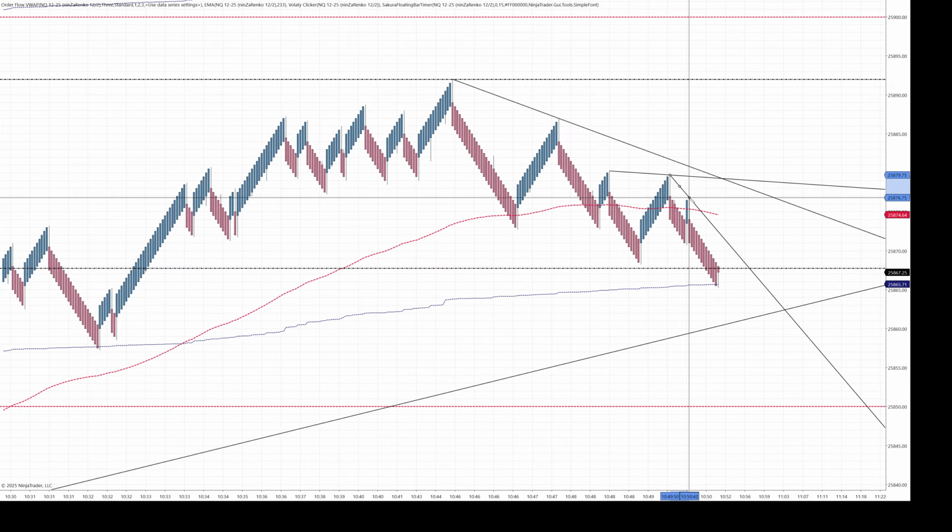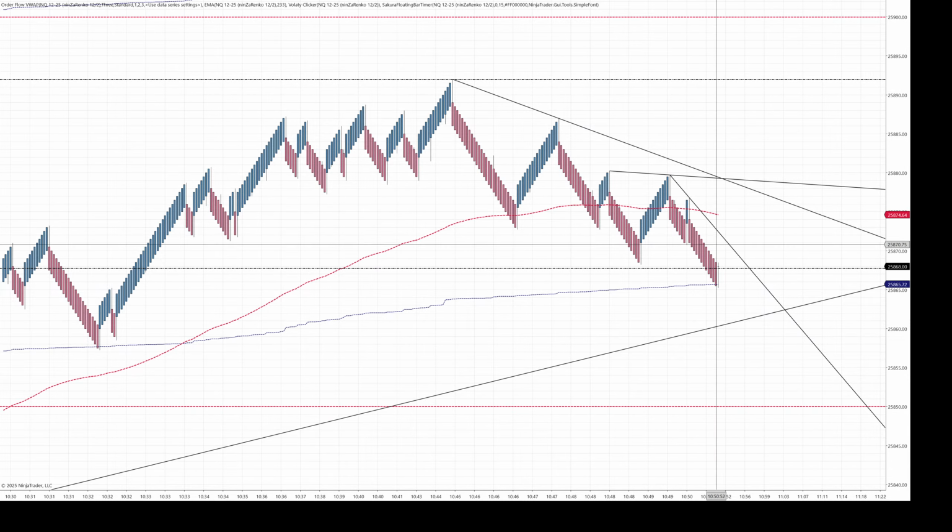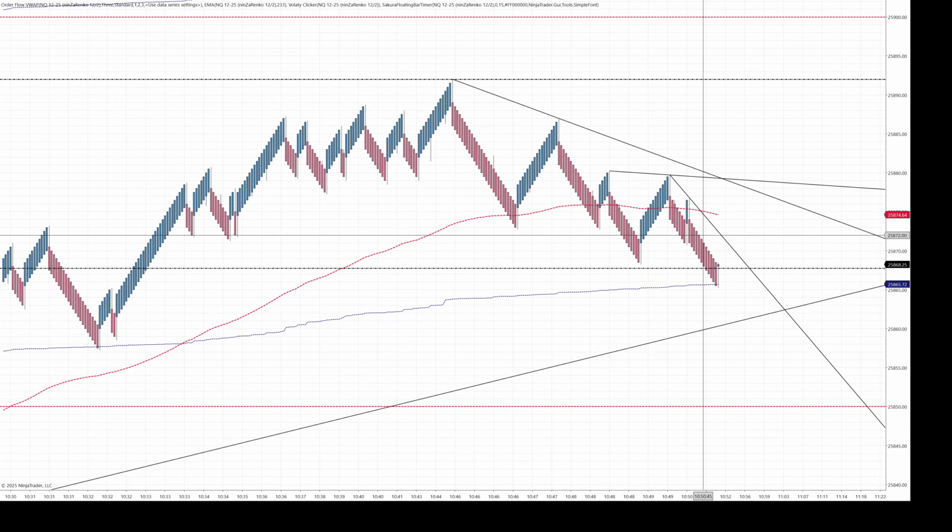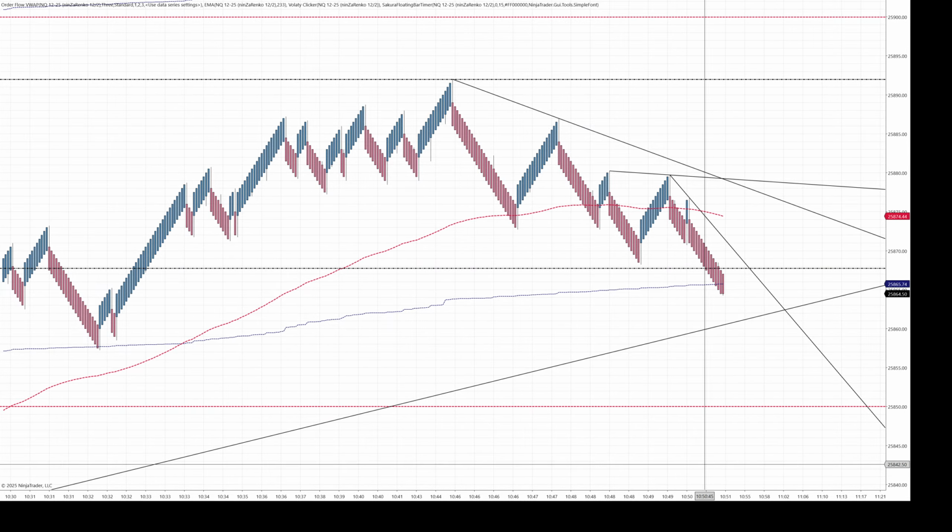Can't take the bounce off standard deviation either. We have resistance overhead with the trend lines and the T line.